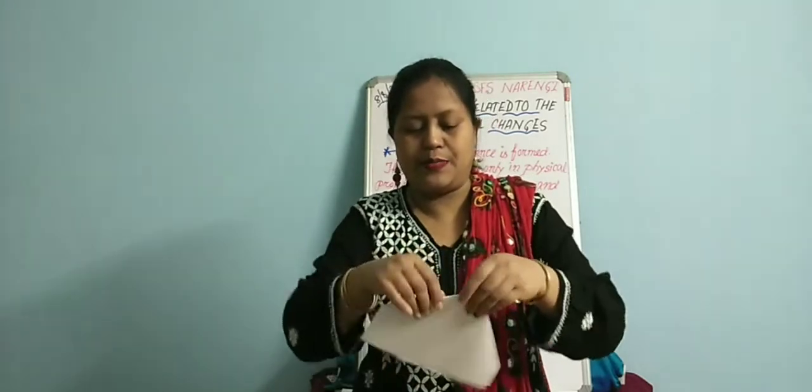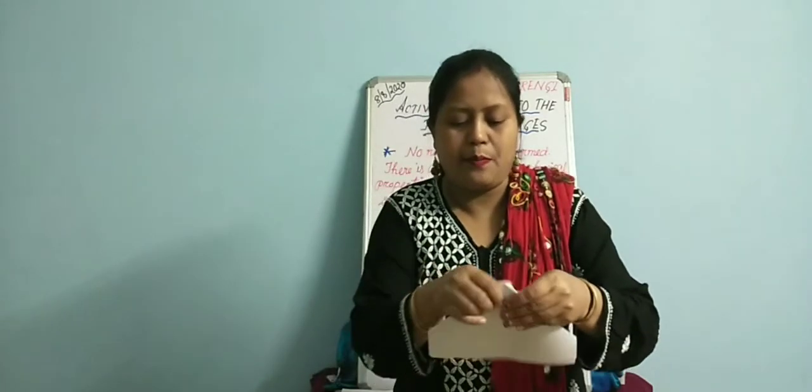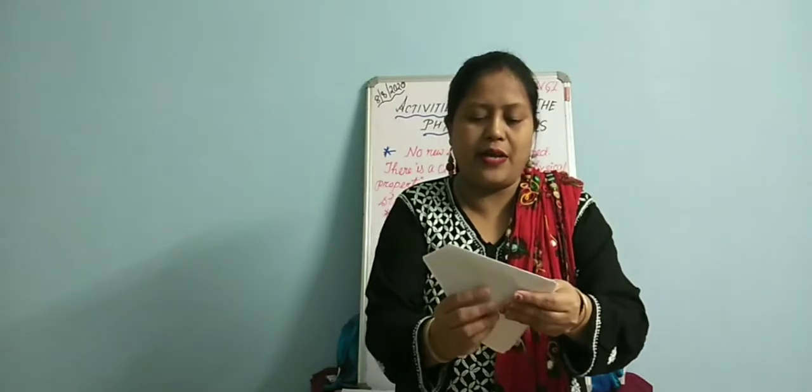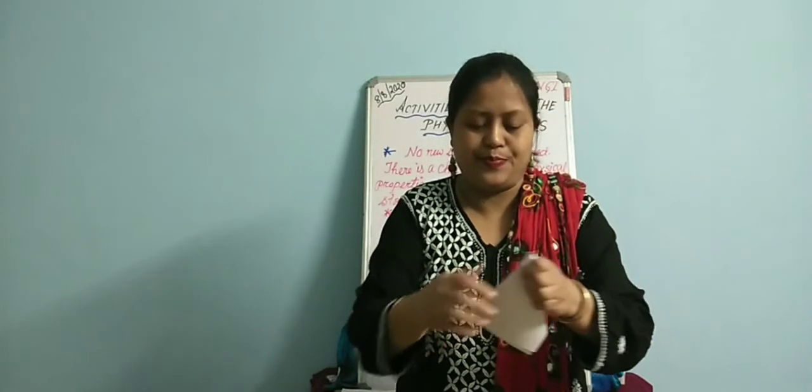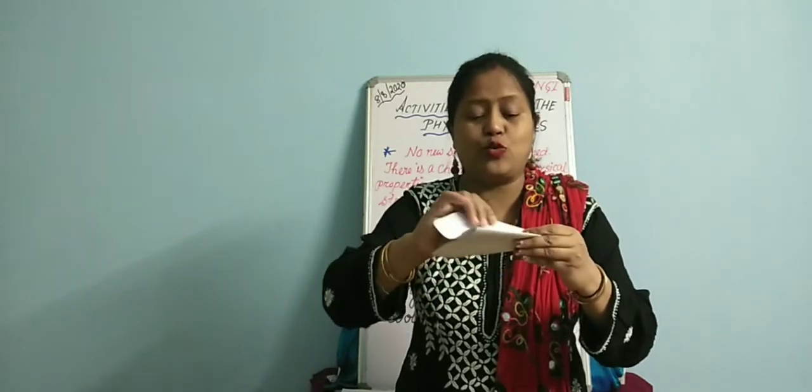So see, I'm trying to give this paper some other shape. Now perhaps you may be aware of what I'm making. This is a very common activity which small kids basically used to do.